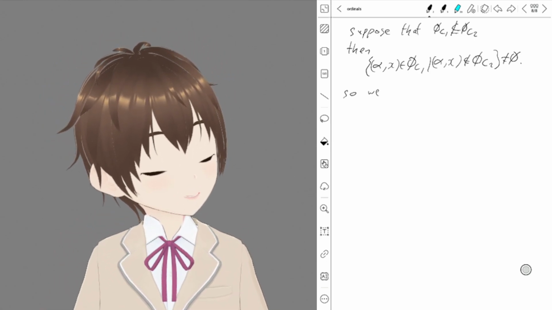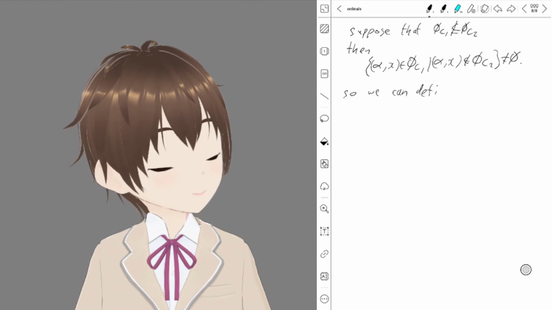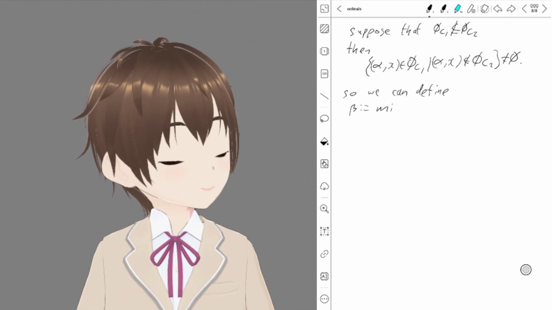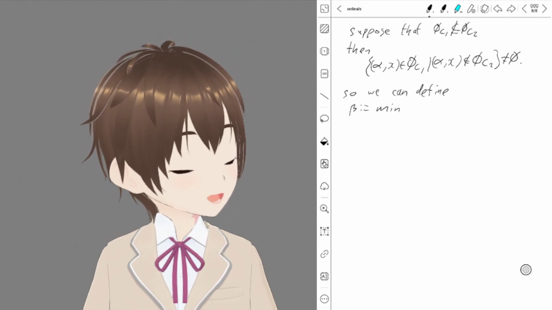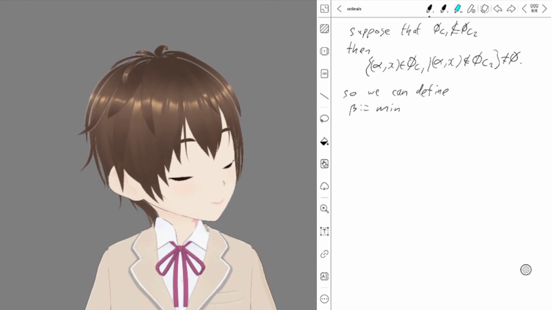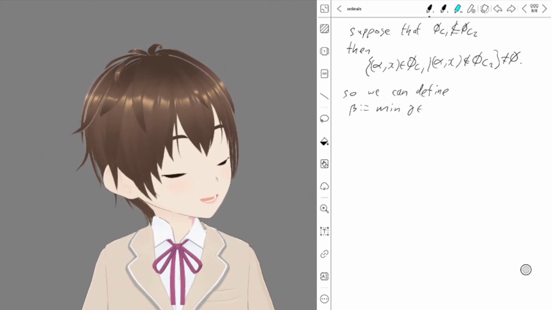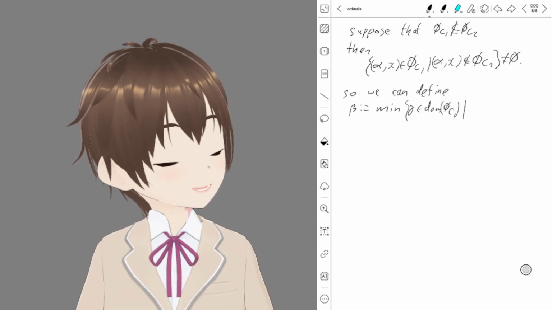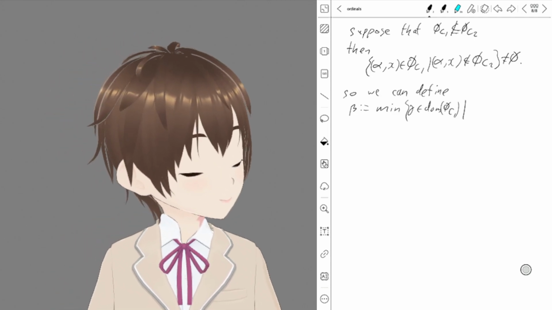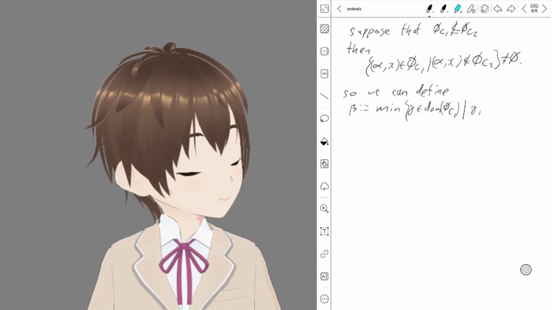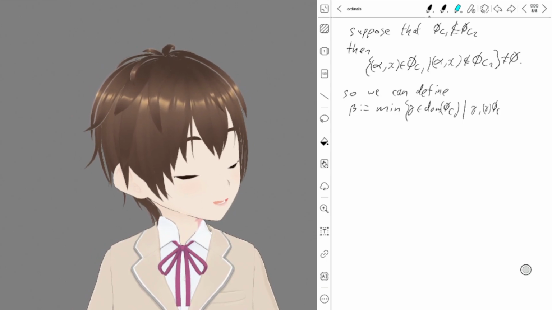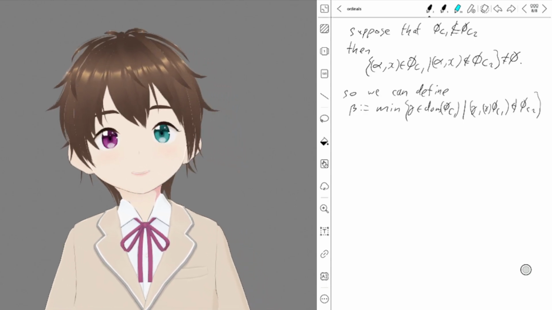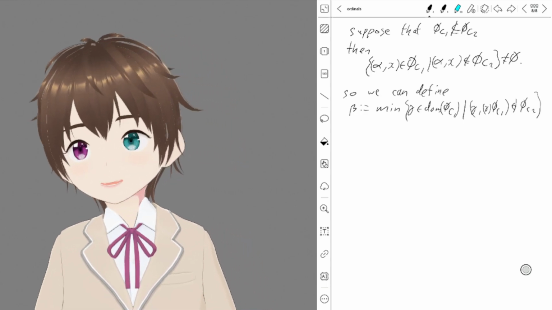So we can define beta to be the min of, say, the gamma in the domain of phi C1 such that its image is not in phi C2. So it's such that gamma with phi C1 applied to it is not in phi C2. This makes sense because this is a non-empty set of things in the domain, which is an ordinal, so it has a smallest element.